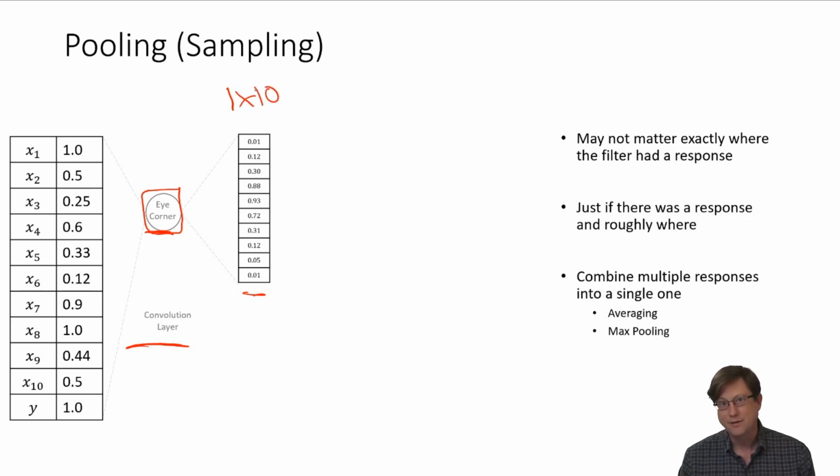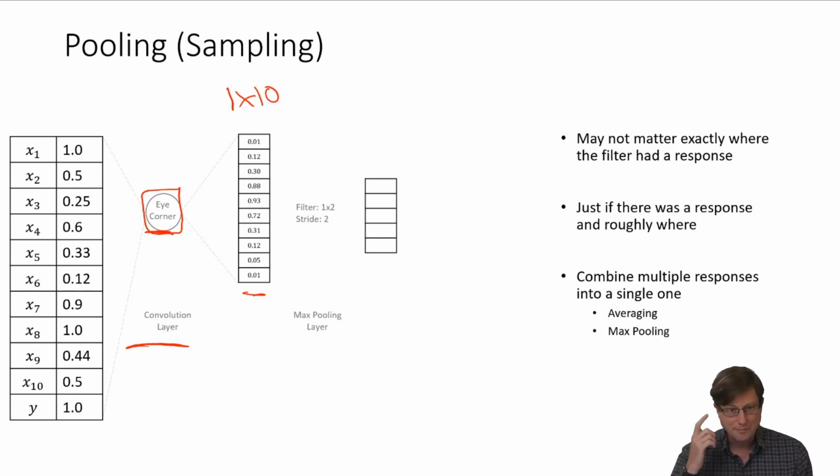But let's say that you know that once you've identified the important substructures of the image, you don't need as much resolution. And when I say you know you don't need it, it's just like anything with machine learning. You do some math in your brain about how big is what I'm looking for compared to the size of the filters I'm using, compared to the size of the image, compared to the amount of time I have to compute.